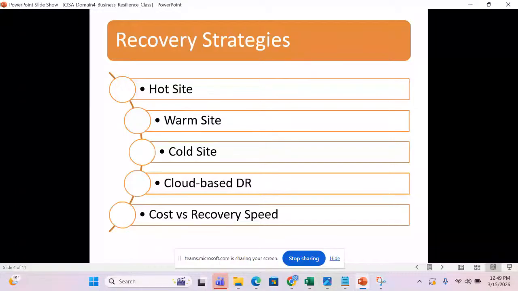So if my RPO and RTO are 0, like I was saying earlier, if I cannot afford to lose any data and I cannot afford to go down, it therefore means that what I'm going to put in place is going to be an off-site recovery strategy.